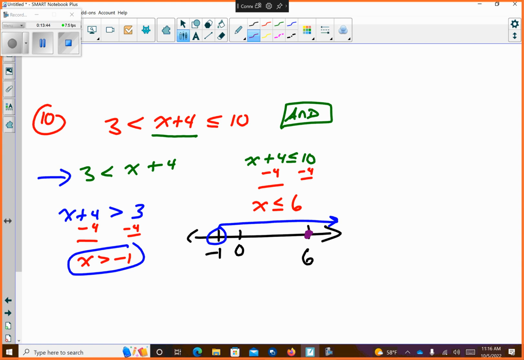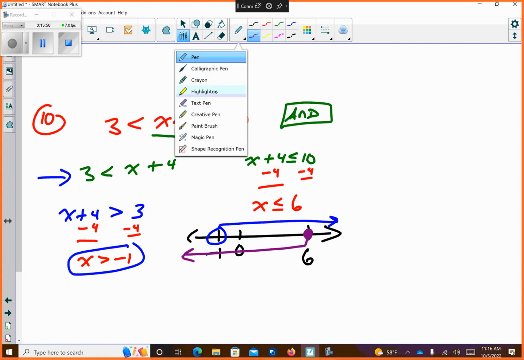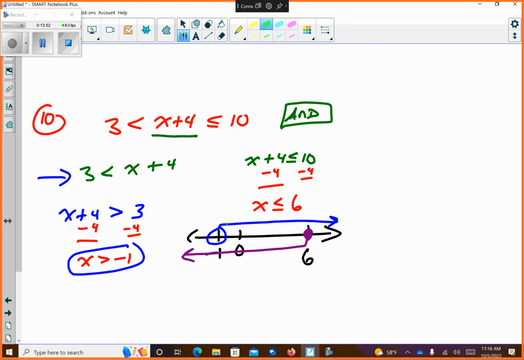Good. Why is it closed? All right. That green region is definitely the overlap. Because this is an and problem, we wanted the overlap.